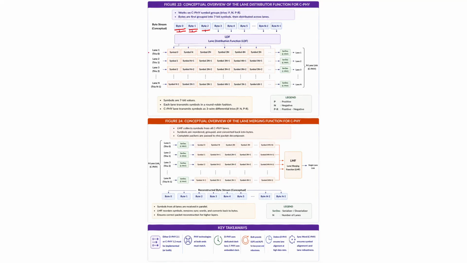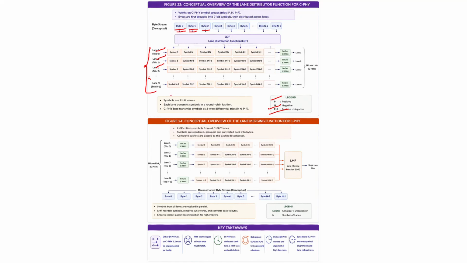Here we have lane trios, where positive and negative layers are both used. In the same way as the D-PHY layer, the C-PHY layer also transmits data using different lanes: lane 0, lane 1, lane 2, lane 3 and so on, up to lane n. In each lane, different bytes of data are transmitted.